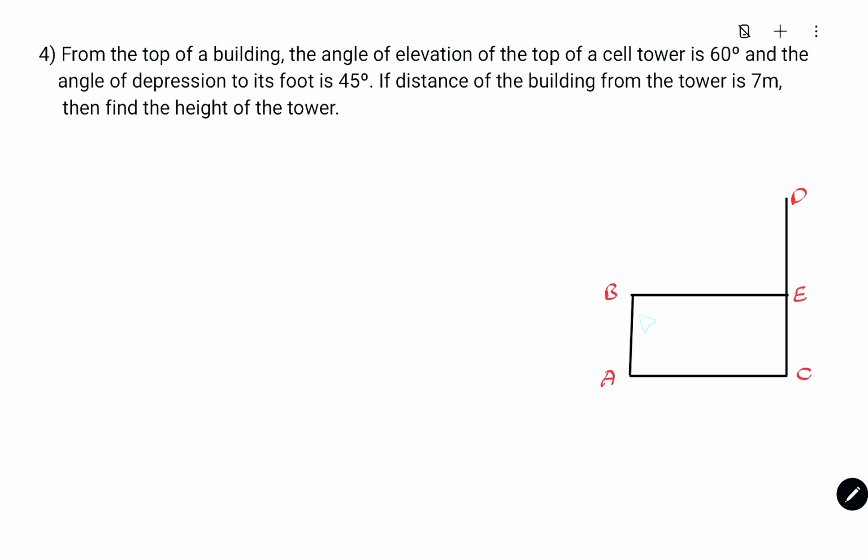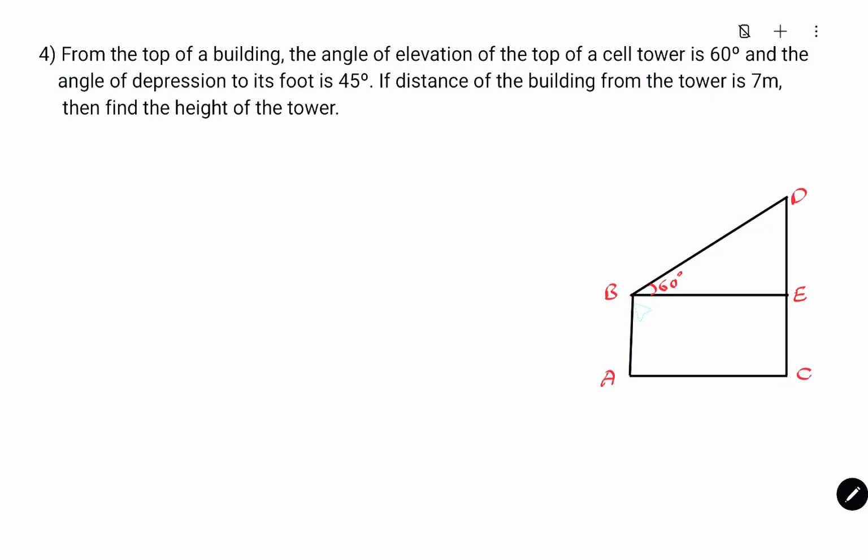Now the angle of elevation from the top of the building to the top of the tower is 60 degrees, from B. Here 60 degrees. Now from the top of the building, the angle of depression to the foot of the tower is 45 degrees.